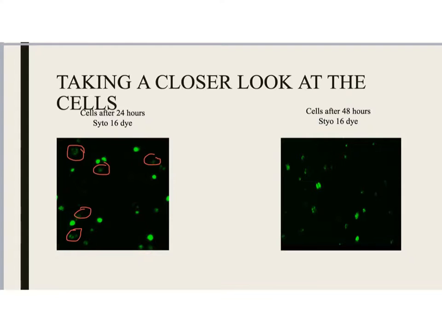When taking a look at the cells after 48 hours in the dye, we see more apoptosis, but we also see mitosis. I don't know exactly what this means, but it would be interesting to look at even further.